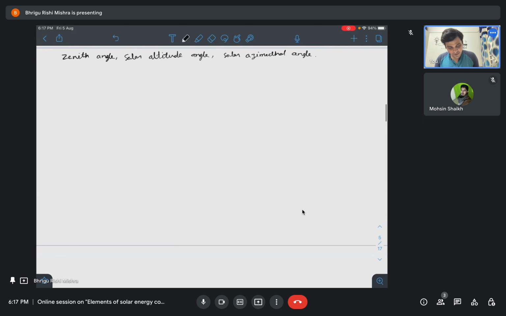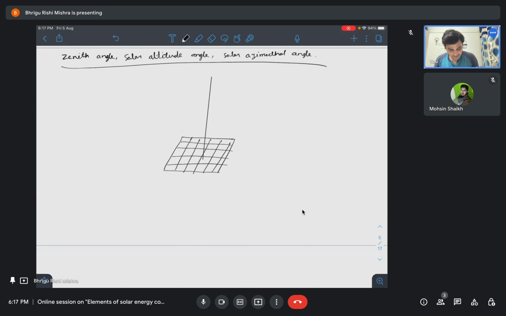Suppose I can draw a plane like this, and this is some surface, and this is the zenith of the horizontal plane.